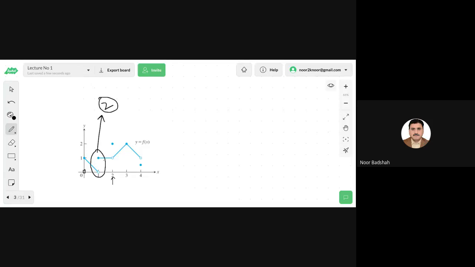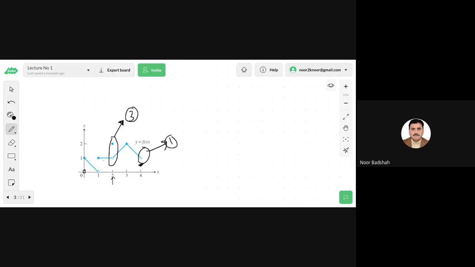And if we have a hole in a graph, like in this case, this discontinuity will be because of condition number 3. But sometimes, let's suppose if this was not given and this was only a hole, then this discontinuity is because of condition number 1.